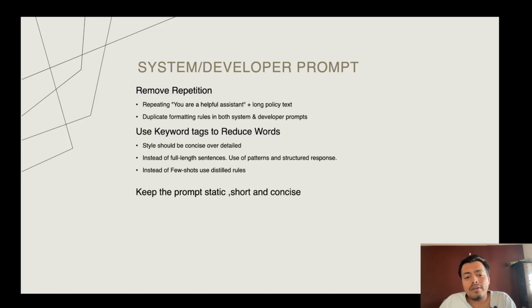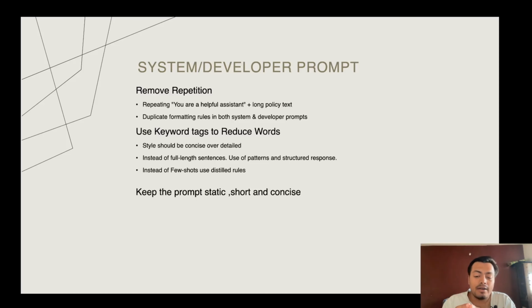We don't want full sentences; we want patterns and structured responses, certain rules, instead of writing full sentences like "I want the first key to be, let's say, a, then I want its value to be a string value." You can give a structured JSON with just a simple string key as a, and a data type string with some value.